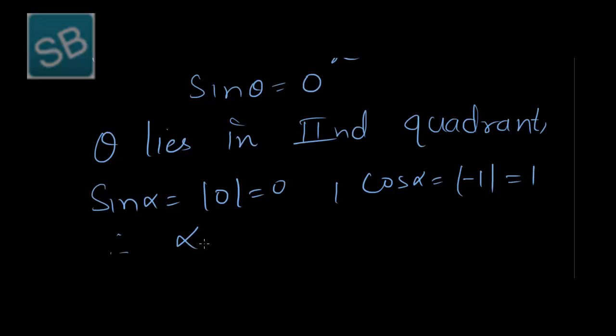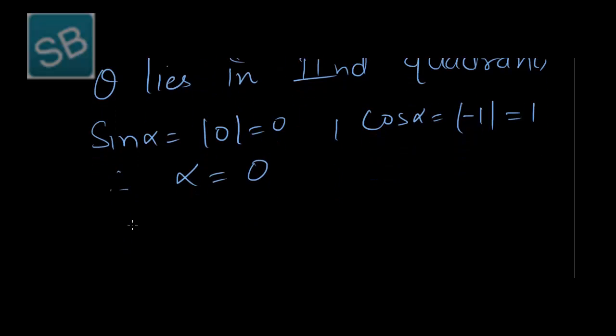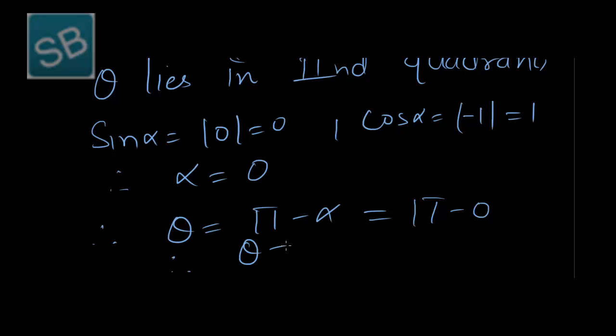So alpha is 0. Now as theta lies in the second quadrant, theta is equal to pi minus alpha, that is pi minus 0. Therefore, theta is equal to pi.